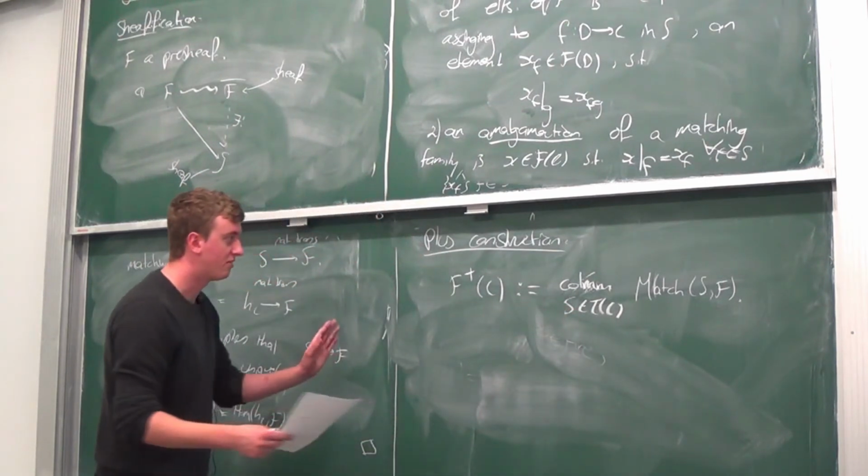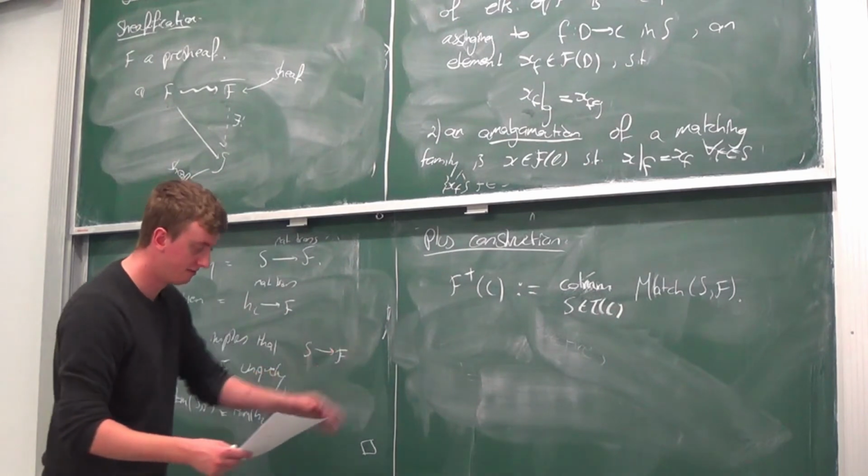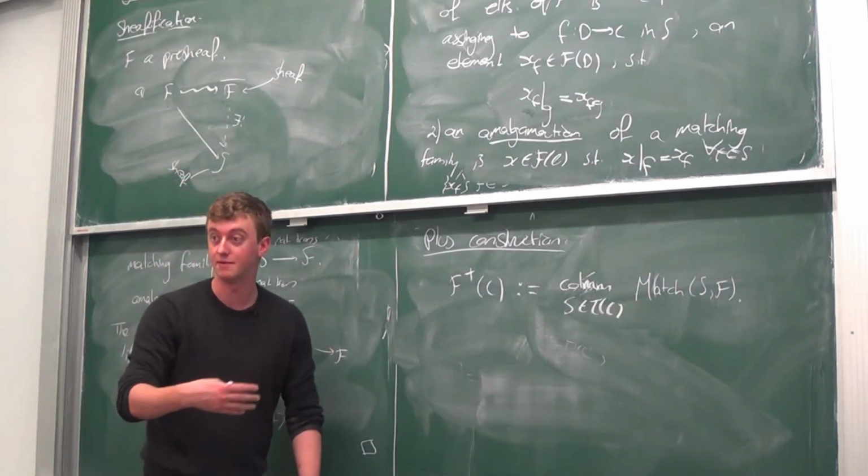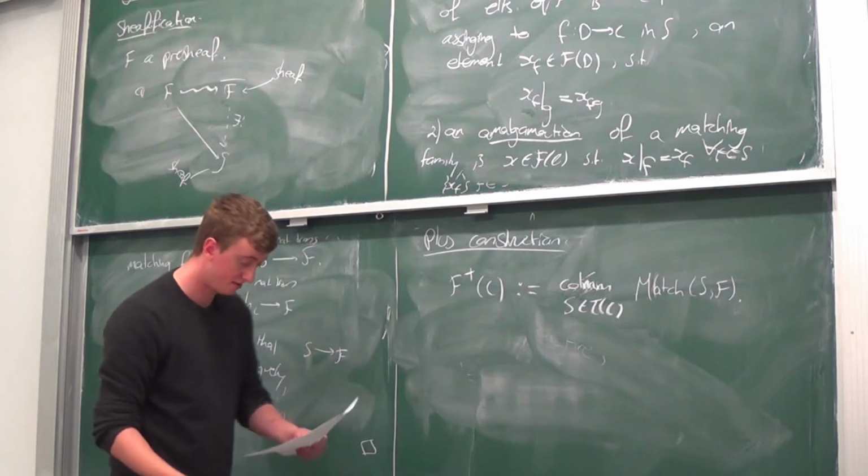All right. This doesn't mean a huge amount the first time you see it, but don't get too scared, because this really captures exactly what I was saying about modding out by excess amalgamations.